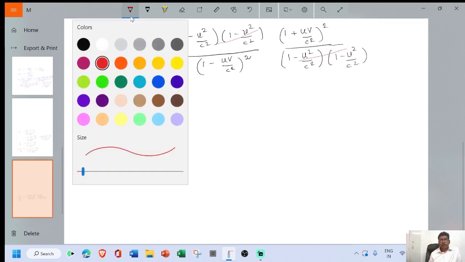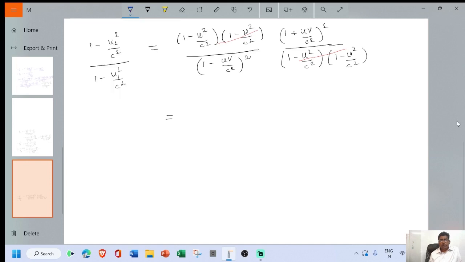Then we can get 1 minus u2 square by c square divided by 1 minus u1 square by c square equal to (1 plus uv by c square) whole square whole divided by (1 minus uv by c square) whole square.